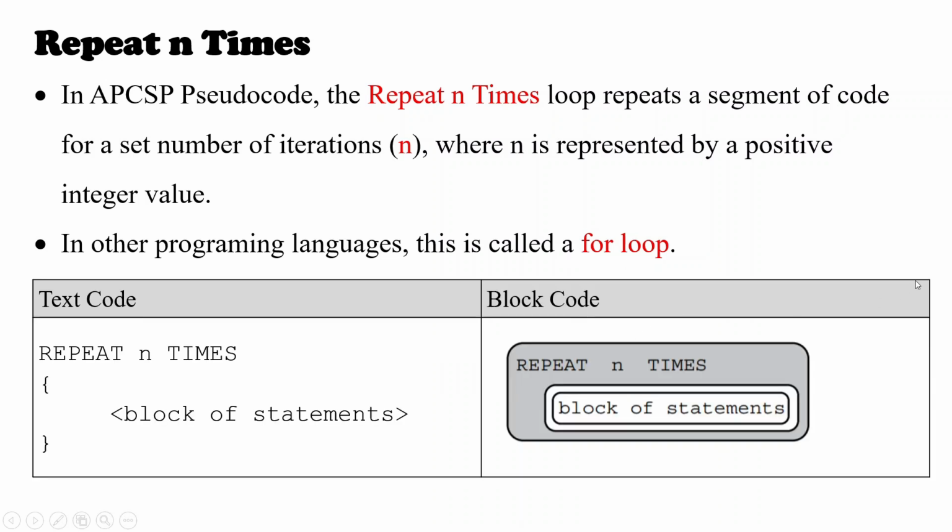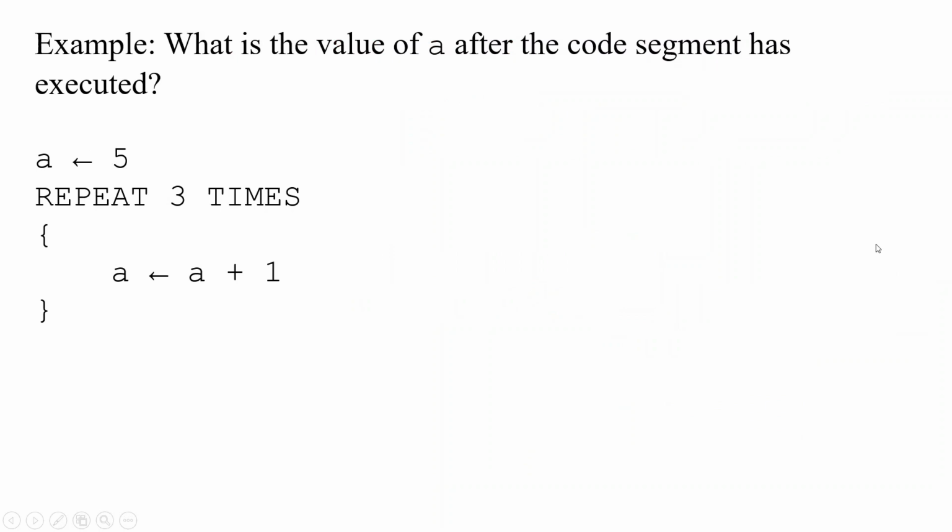So the text code says repeat n times, you see it there, and the block code looks like the same thing. Inside those square brackets, or inside the block code, we have a block of statements. It might be one line, it might be a couple lines, it might even have some conditionals thrown in there as well, but we repeat it a certain number of times.